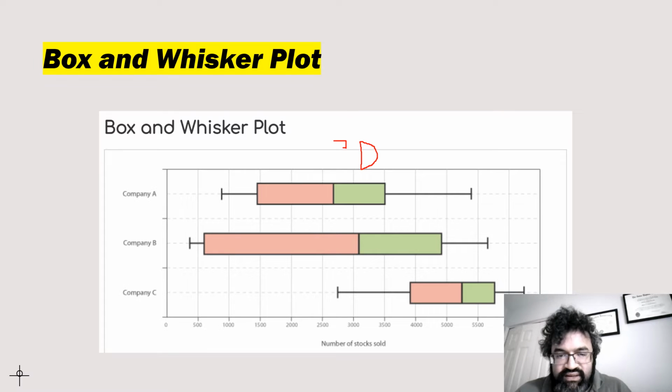So 50, and then this is the 75th, right here. So that's the 75th. So this is the 75th, this is the 50th, and this is the 25th.